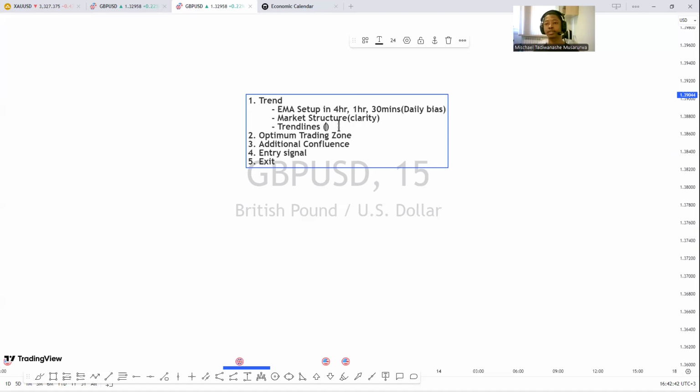And then trend lines, you can use them, you cannot use them. Personally, with the markets nowadays, trend lines have been very effective for me recently, working on GBPUSD and USDJPY. If you have a trend line retest, that will be very great for you.